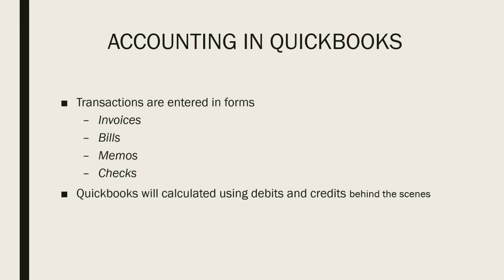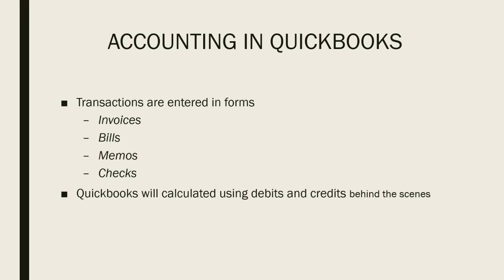So what we do as the user is enter invoices, bills, memos and things like that, and checks. QuickBooks on the other side is going to associate, okay, an invoice means you're going to have an expense coming up, which means a possible liability coming up. Bills is already a liability, so it's going to associate that you need to increase accounts payable.